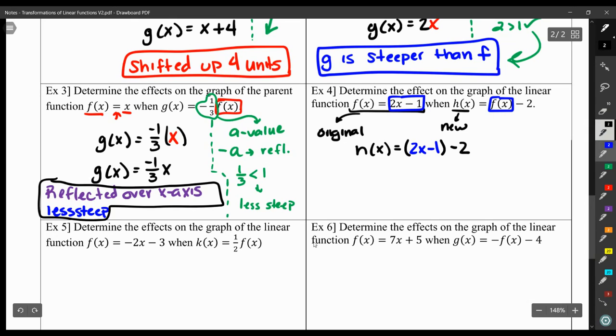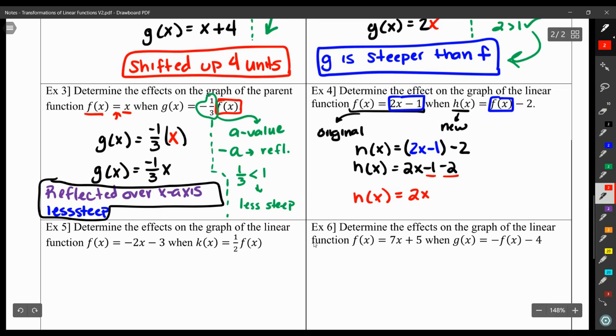So now I'm going to simplify this, and so there's no number in the front, which means I'm not going to multiply anything. So I can go ahead and just drop my parentheses. So 2x minus 1 minus 2, and I know that I can add those two things together because those two things are like terms, and so I get 2x minus 3.